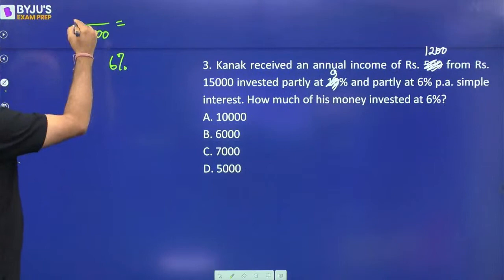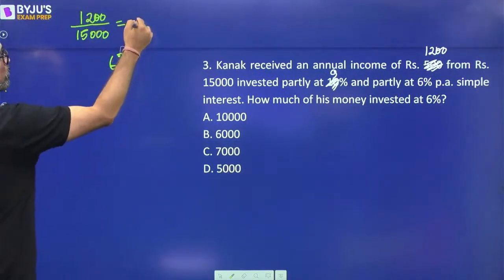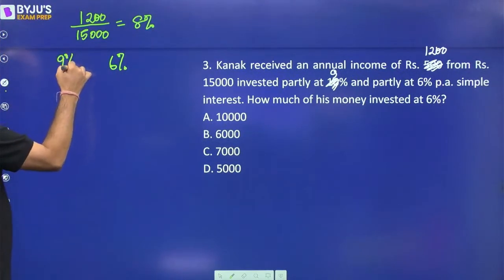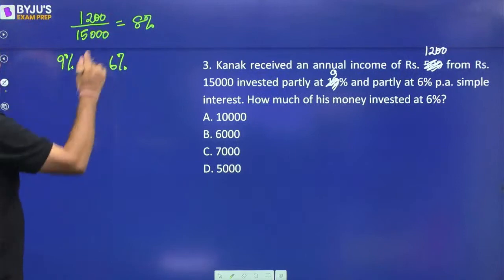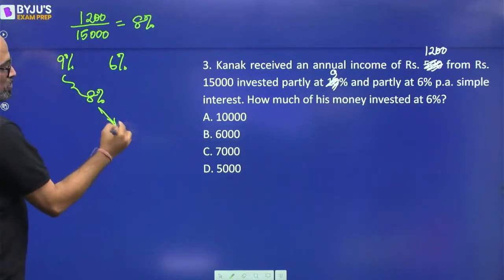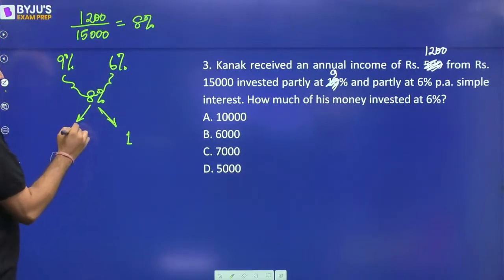So what is 1,200 out of 15,000? This is going to be 8%, and we have 9% and 6%, whose average is coming out to be 8%. If we use the allegation, this should result in 1 and this should result in 2.